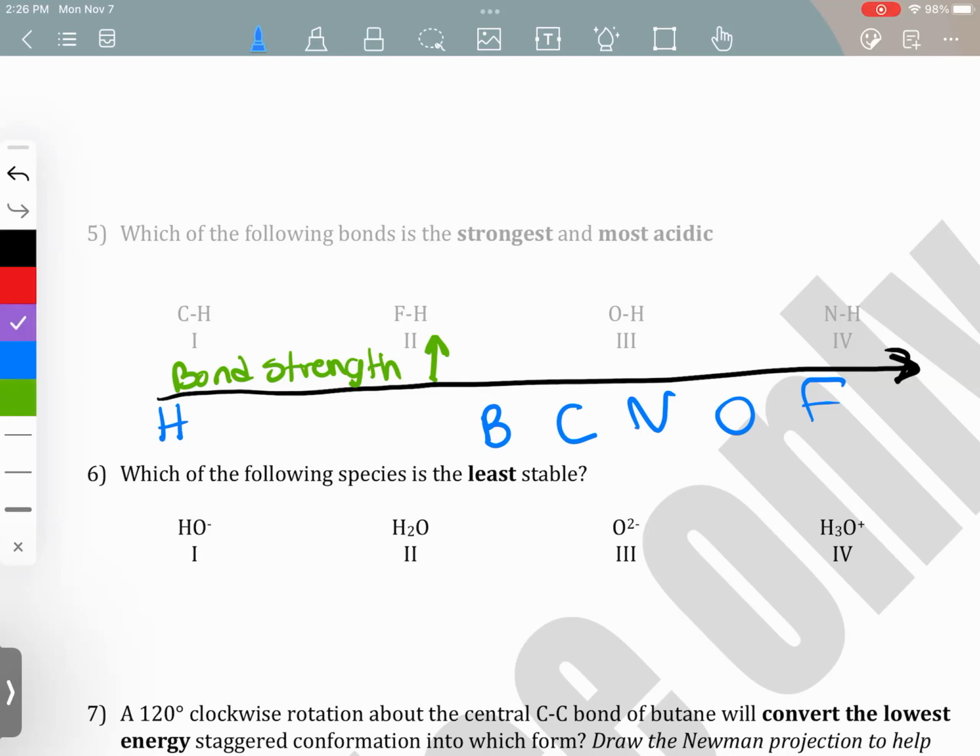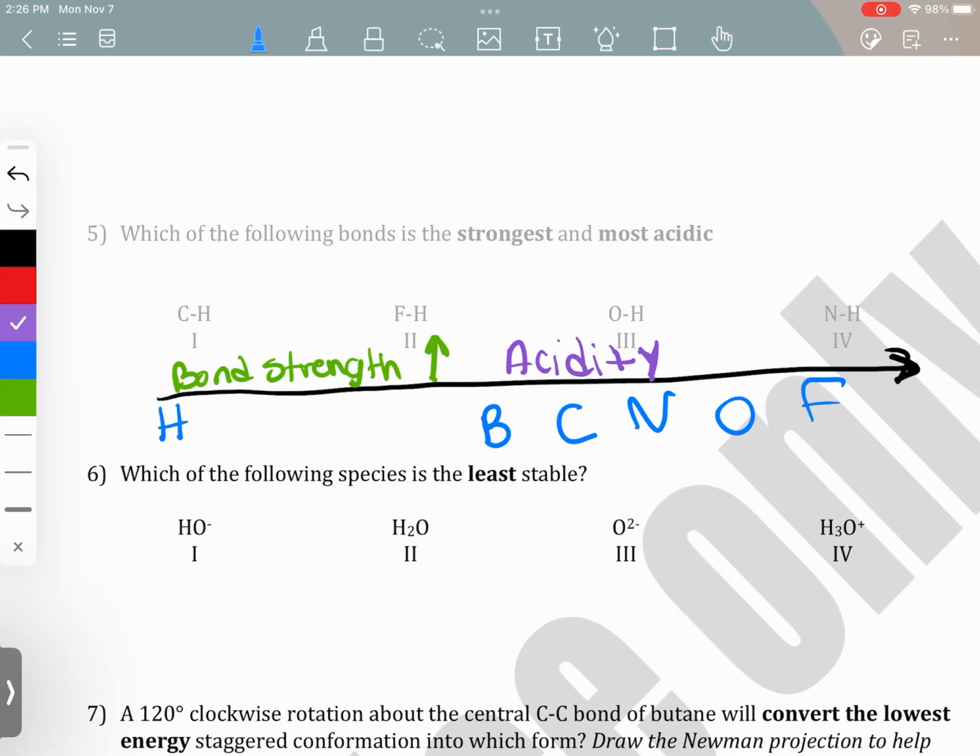And let's remember, we just learned about the acidity trend, right? So acidity, as you go left to right on the periodic table, what does it do? Increase or decrease? Let me think.